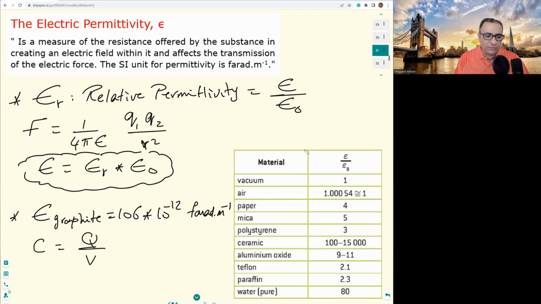So it's basically Q over V. Okay, so if Q is in Coulomb and V in volt, capacitance is Coulomb volt minus 1, and we call this farad in the SI system.